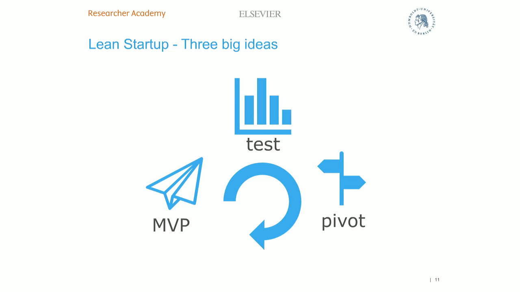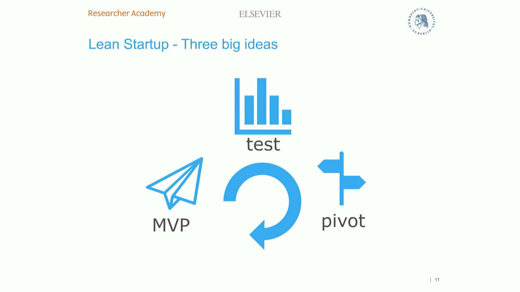So what you do in the Lean Startup approach is you put a product which is just good enough into the market, let the customers try it, collect data, and measure the success of the product. By testing the product, you get the information back into your company and decide whether you can continue the same way or if you should change your direction.